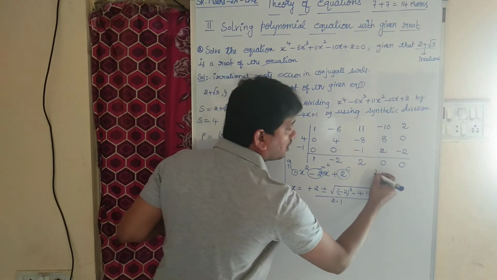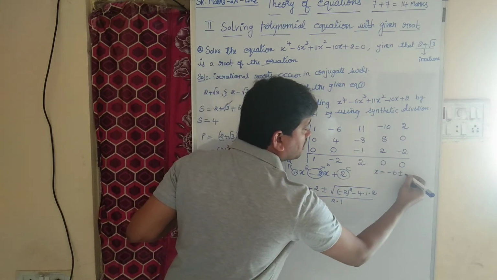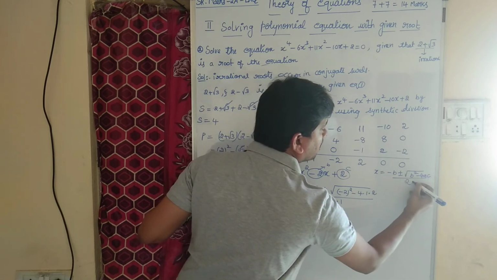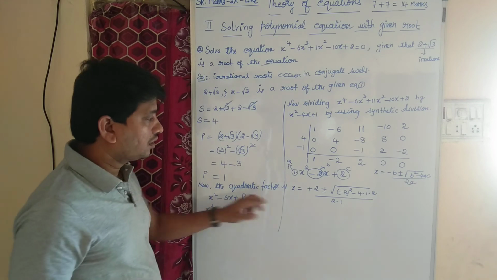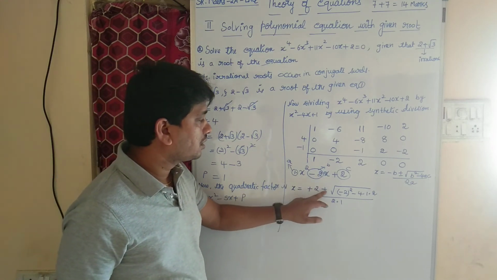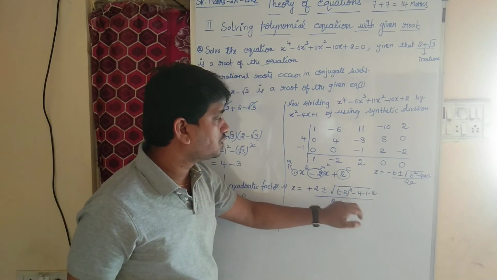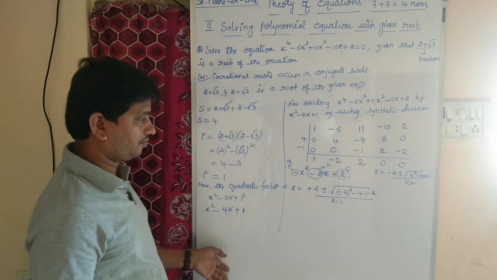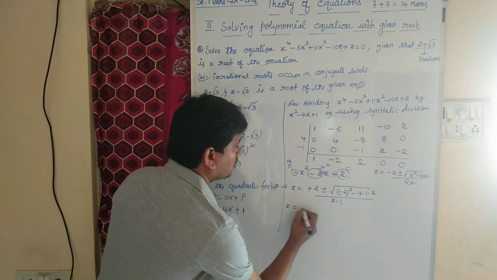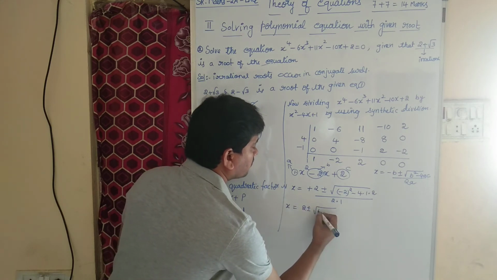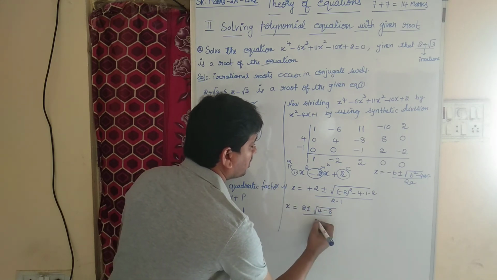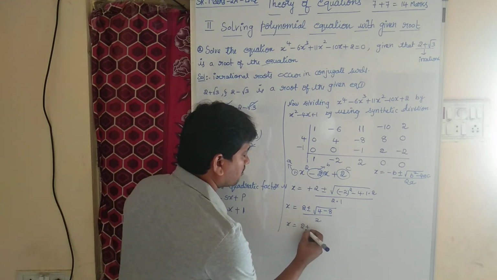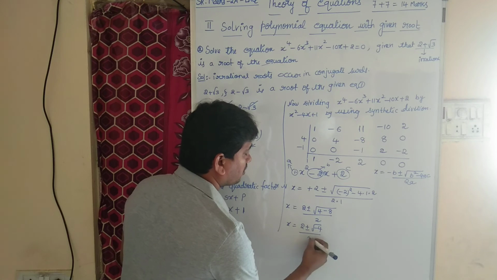What is the formula? We have the formula x equals minus b plus or minus root over b square minus 4ac by 2a. Minus into minus, plus or minus root of minus 2 whole square minus 4 into a value 1, c value 2, by 2a. Right? So x equals 2 plus or minus root of 4 minus 8 by 2. So x equals 2 plus or minus root of minus 4 by 2.